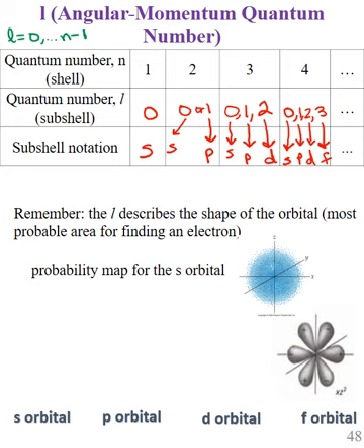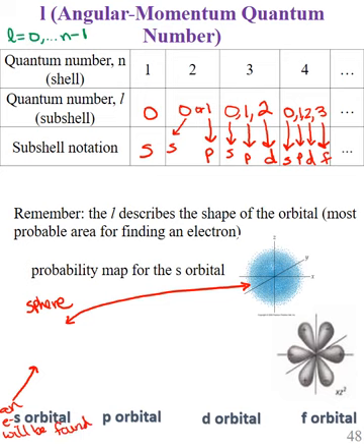So the S orbital is basically a sphere. An electron will be found most probably in this volume.